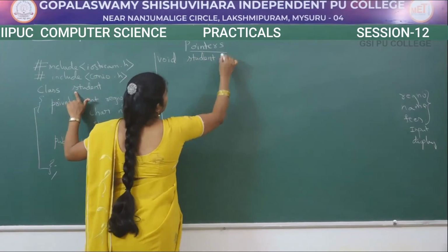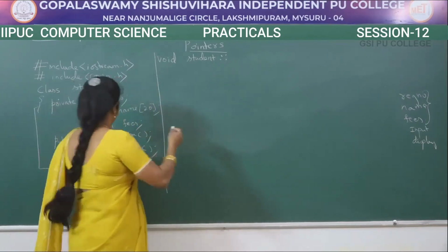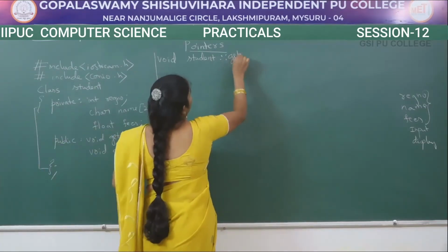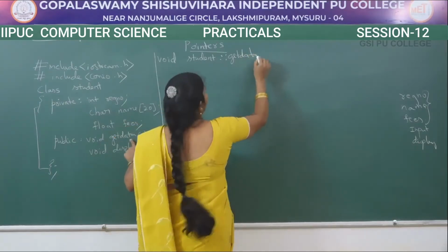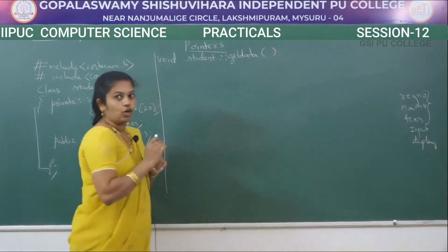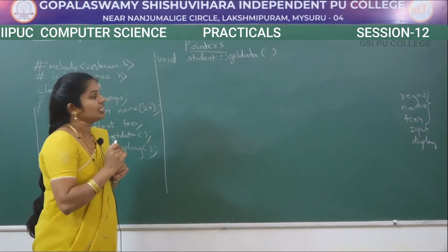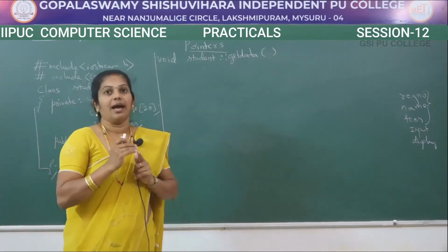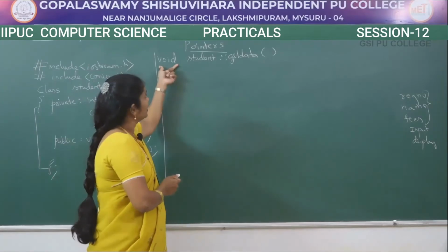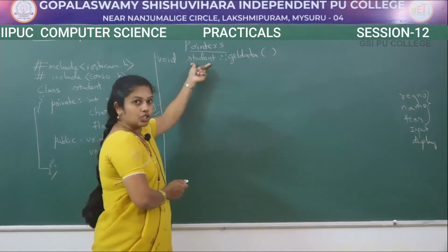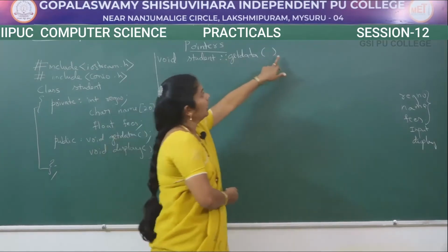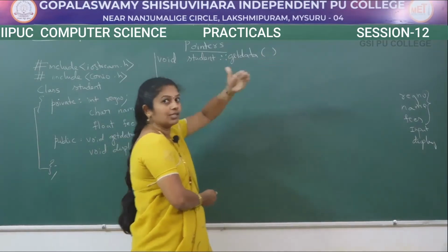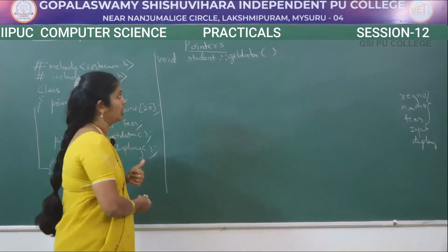Next, scope resolution operator, then getdata function. Void is the return type, student is the class name, then scope resolution operator, getdata function. Here don't put a semicolon because now we are writing the body of this function.